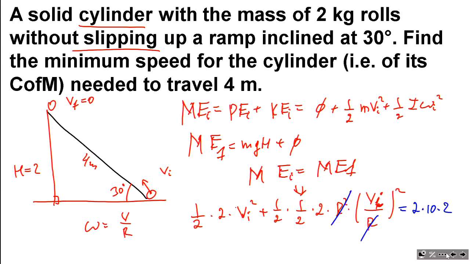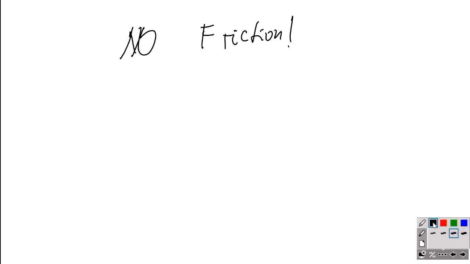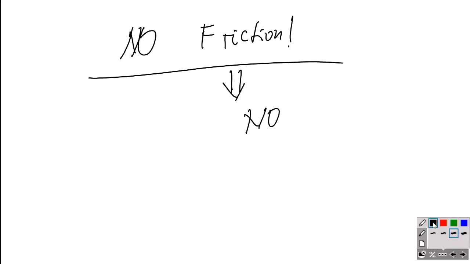Before we go, what would be different if this ramp had been completely frictionless? No friction means what? As we have discussed, no rotation.